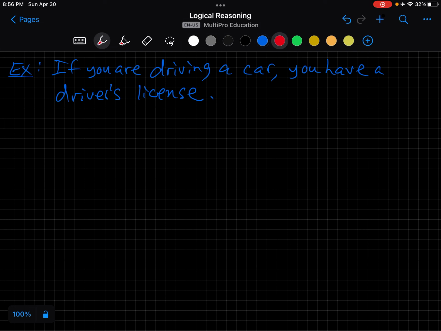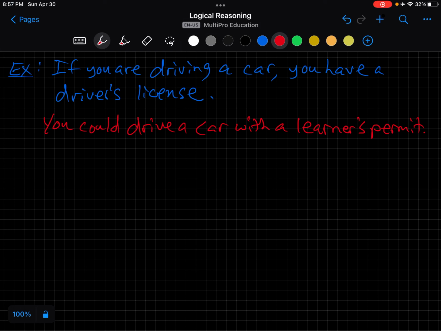Does it have one? I think so. I think you could drive a car with a, if I can write, a learner's permit. Okay, that's a counterexample. You don't necessarily have to have a driver's license to drive a car. You can drive a car if you have a learner's permit.